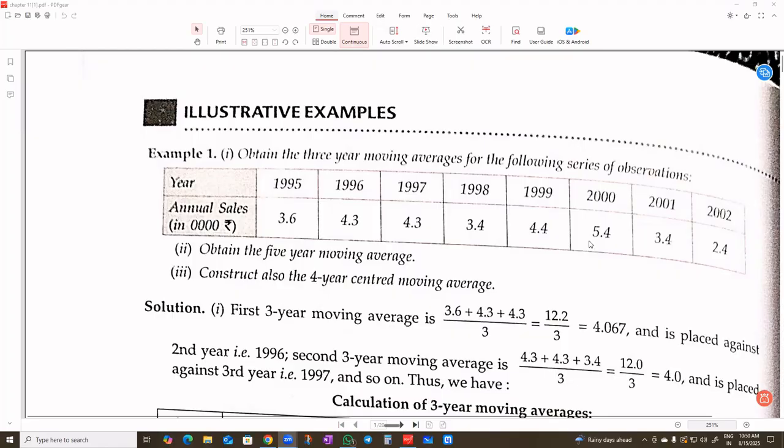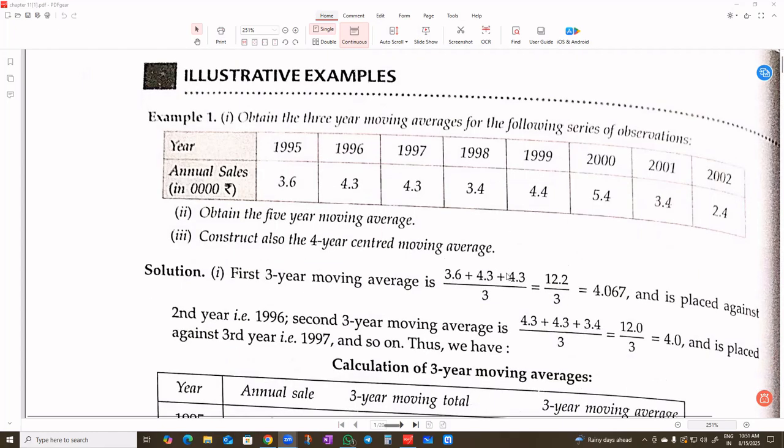So I suggest students study this topic, it is very easy, and there are only two methods: one is the moving average and the second is the least square method. Look at the table that was given, the entire question as mentioned in the question paper. Years 1995, 1996, 1997, 98, 99, 2000, 2001 and 2002.